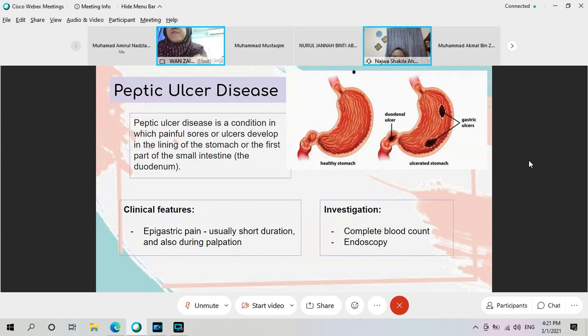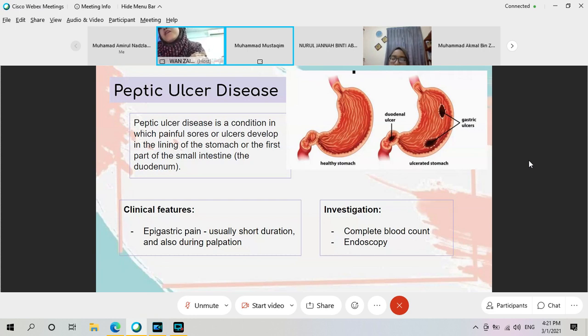Yes. Bila food masuk ke stomach, asid hidroklorik dikeluarkan daripada parietal cell, semua tu mengeluarkan asid hidroklorik, kan? Lepas tu the food semi digested, dia pergi ke duodenum. Bila sampai duodenum, what happen in the duodenum?